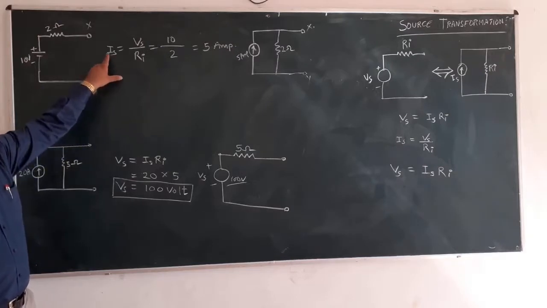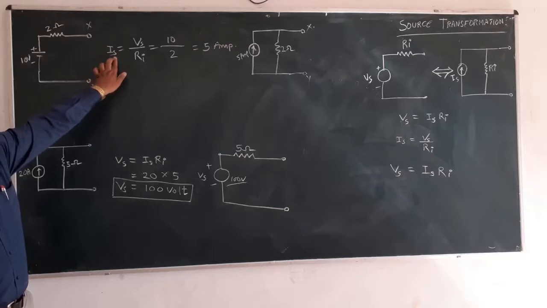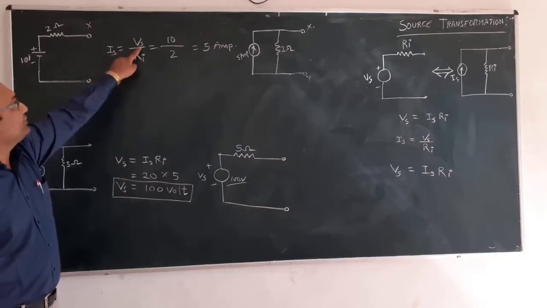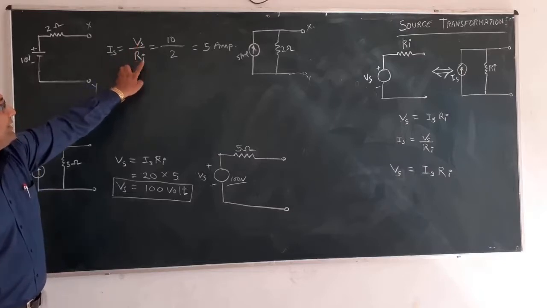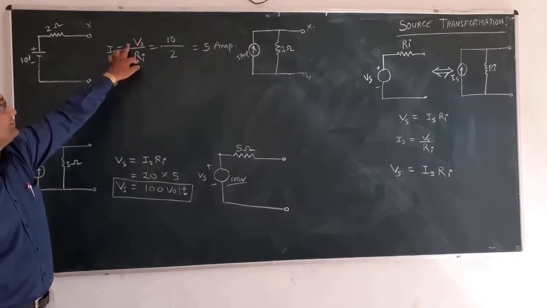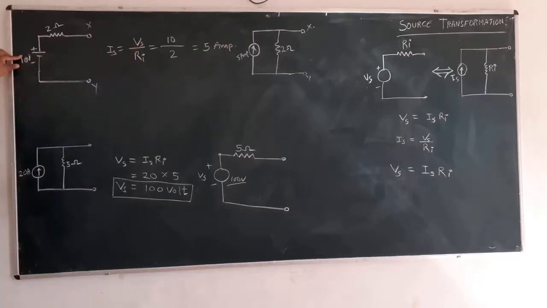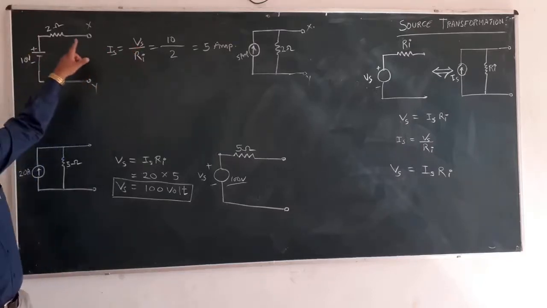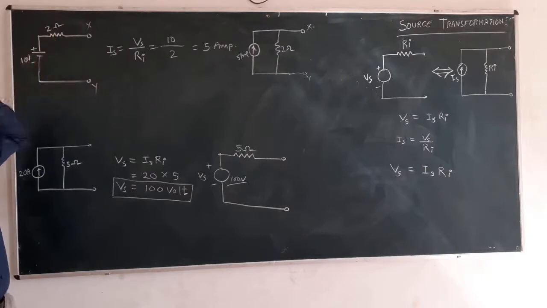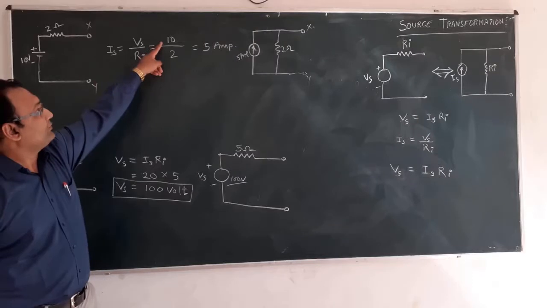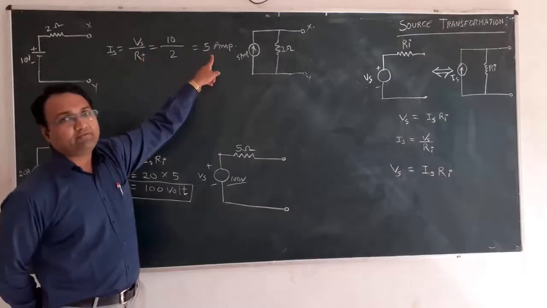We have to calculate I source, therefore Is is equal to Vs, that is source voltage, divided by Ri, that is the internal resistance of this source. So here V source given is 10 volt, Ri given is 2 ohm, and we put these two values in and it comes out to be 10 upon 2, so 5 amperes.